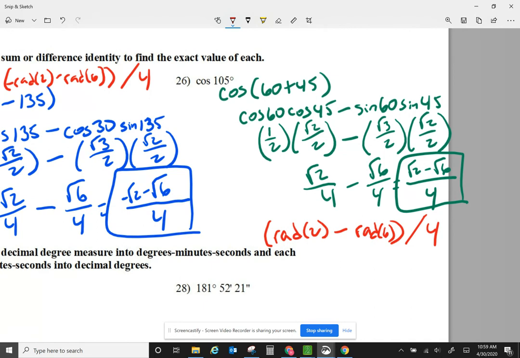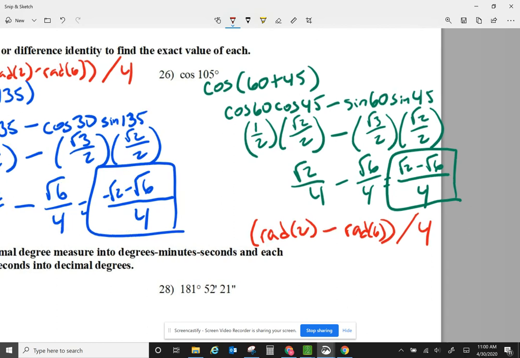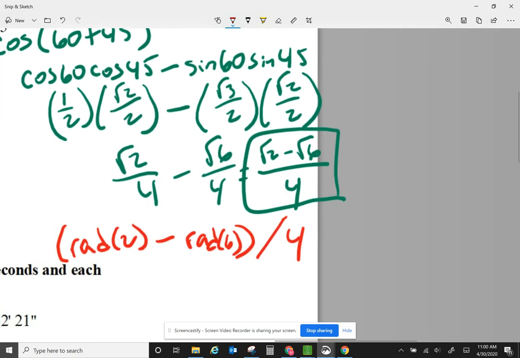All right, not too difficult. Now, in some cases, some of you guys might have a different order. What I mean by the different order is instead of having radical 2 minus radical 6 over 4, some of you guys might have negative radical 6 plus radical 2 over 4.